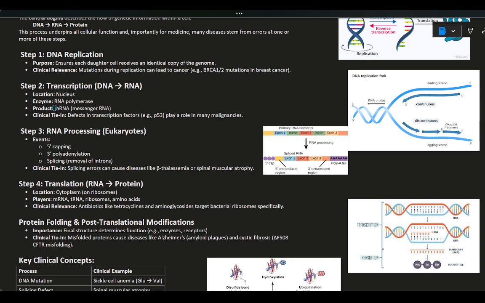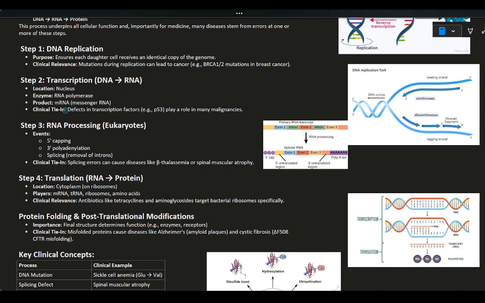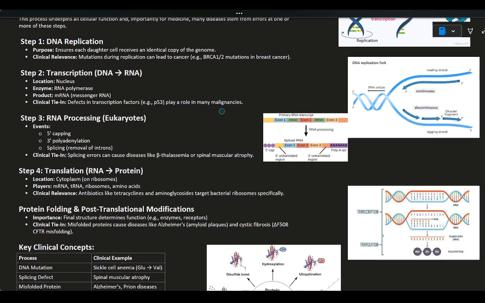Your final product should be the mRNA, which stands for messenger RNA. This step is also clinically relevant because defects in transcription factors can play a role in the development of various malignancies or cancer. And one classic protein that is a transcription factor is your p53.